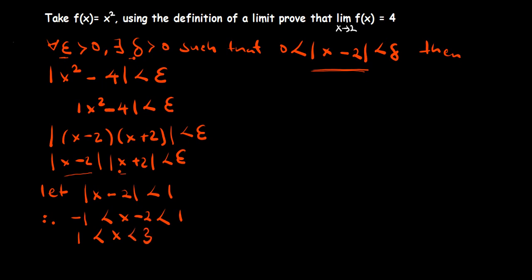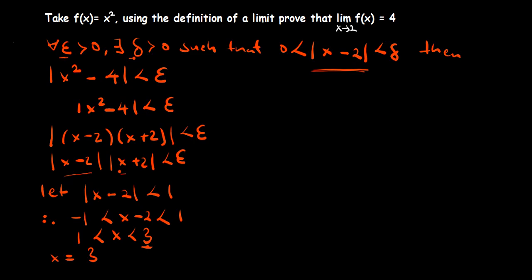So I will choose the bigger one. You always get the larger value. In this case, the larger value is 3. So you say let my x be equal to 3.